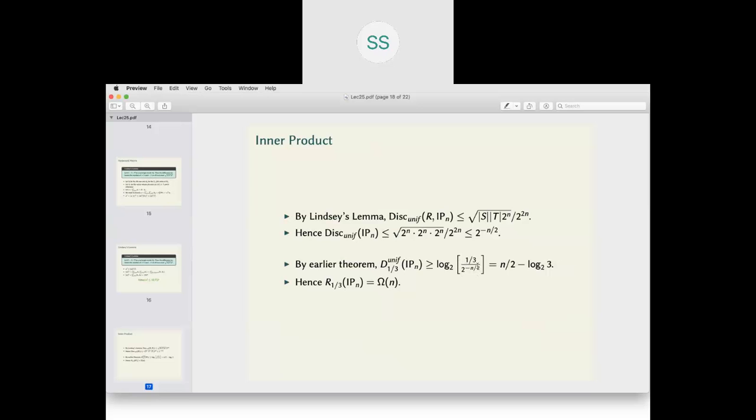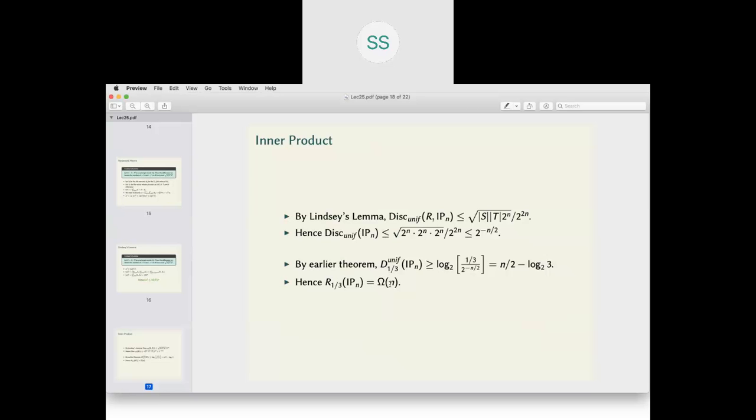Because it's straightforward. And if you remember the theorem that we proved relating the public randomness and the distributional complexity, hence the randomized complexity with respect to public randomness for inner product is also linear.